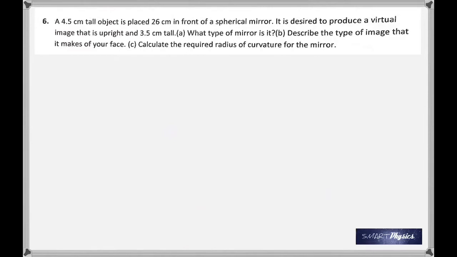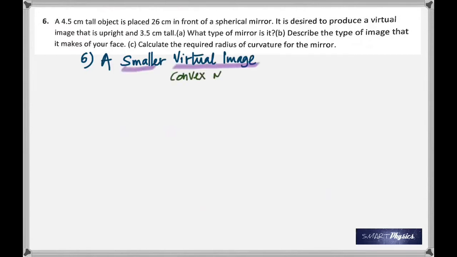Here, a 4.5 centimeter tall object is placed 26 centimeters in front of a spherical mirror. It is desired to produce a virtual image that's upright and 3.5 centimeters tall. It is a smaller virtual image, so it has to be a convex mirror.